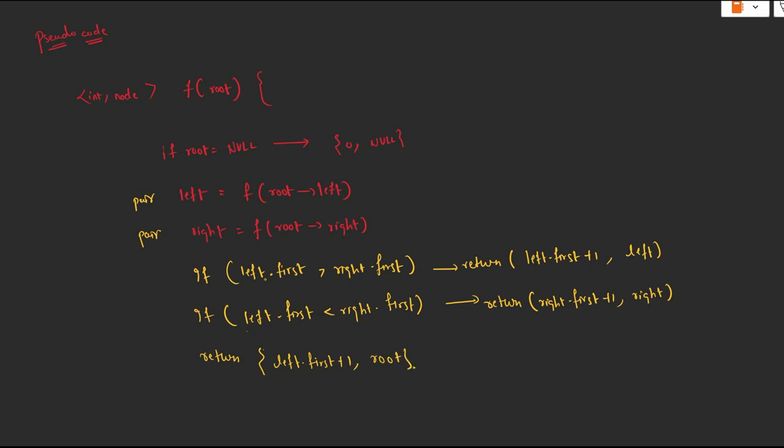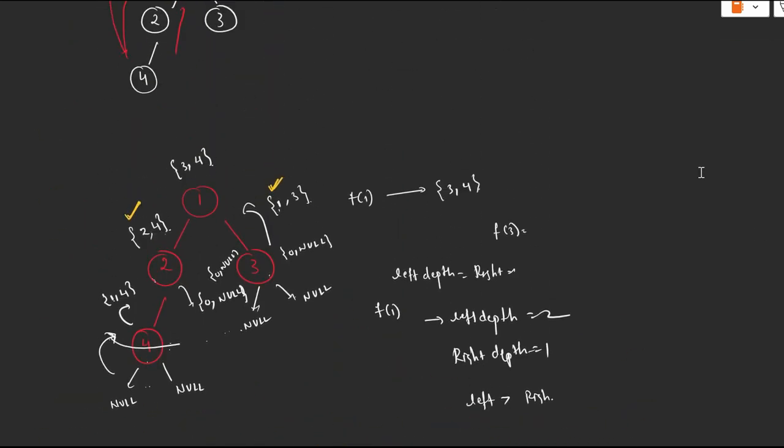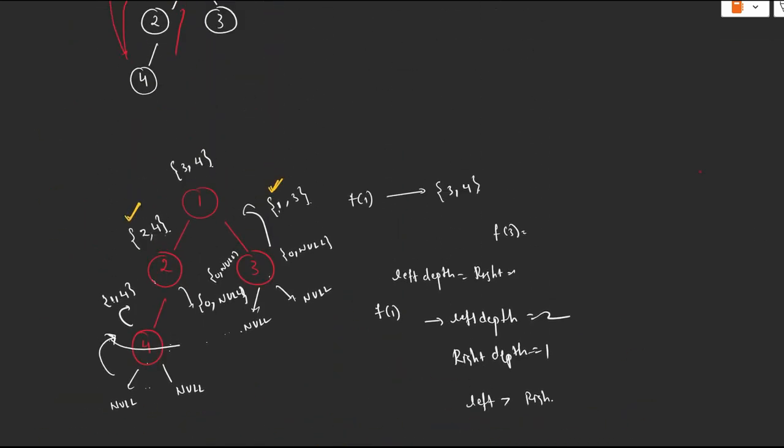This is the completion of the function. It returns the corresponding node, which is the smallest one. When you see this example you can understand: here 4 is the smallest, so this one is carried from here to here. This is how the methodology works.